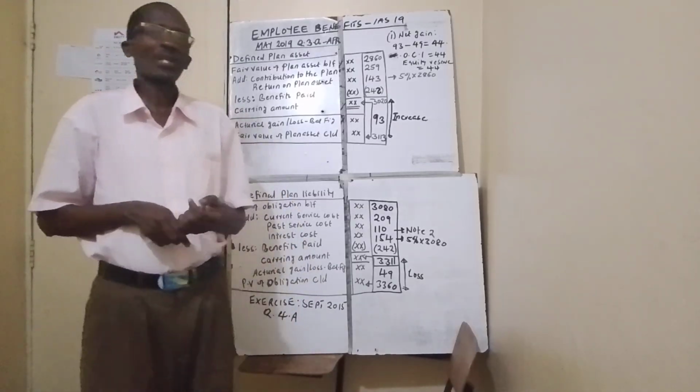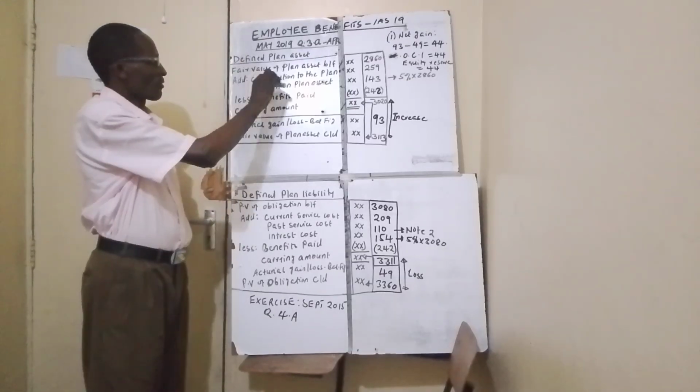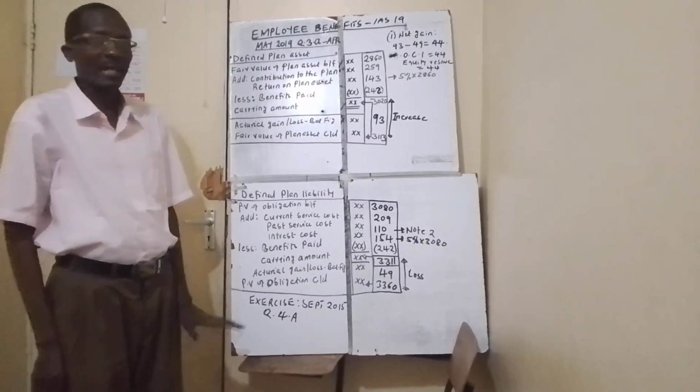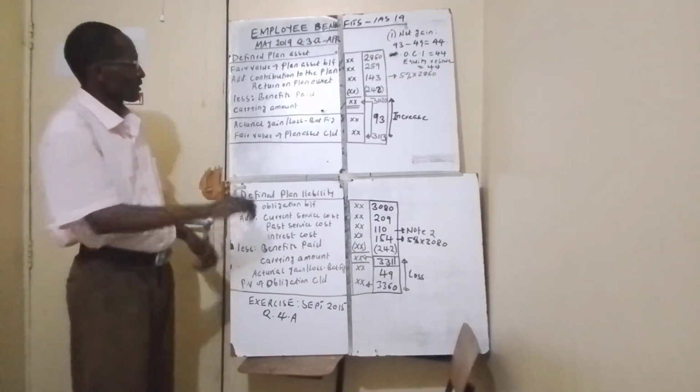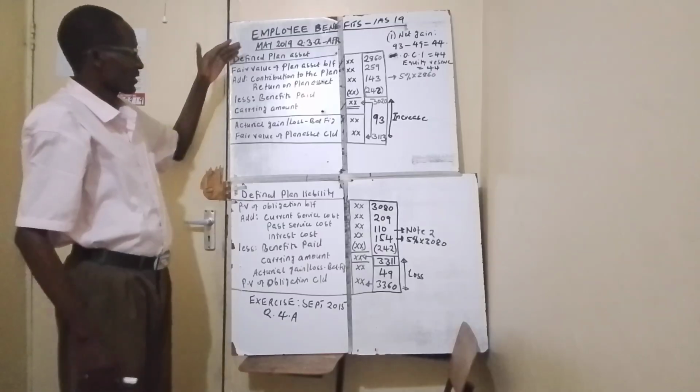That's very important for now. You must have one table for defined plan asset as well as defined plan liability. Now, once you have known that, you should know the items that you find in the first table.